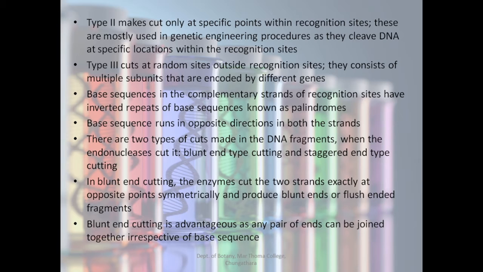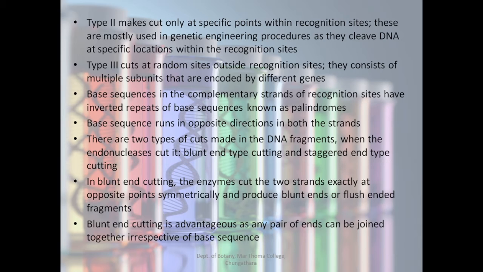We are familiar with palindromic words like Malayalam, Madam, etc. Similarly, there are palindromic sequences where one strand of the DNA reads in a particular sequence in the 5' 3' direction and the complementary strand reads the same in the 3' 5' direction.